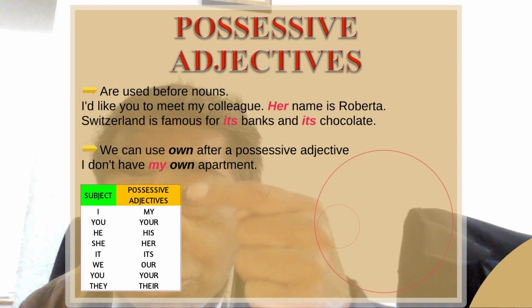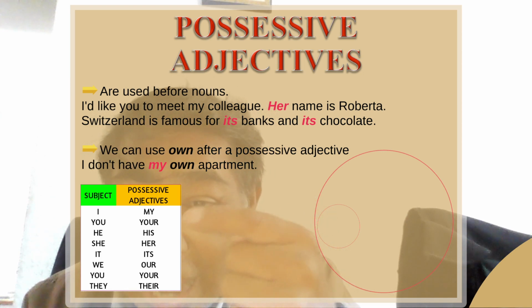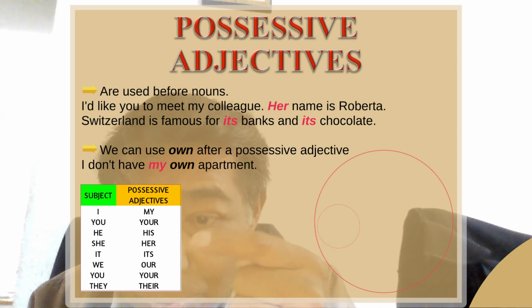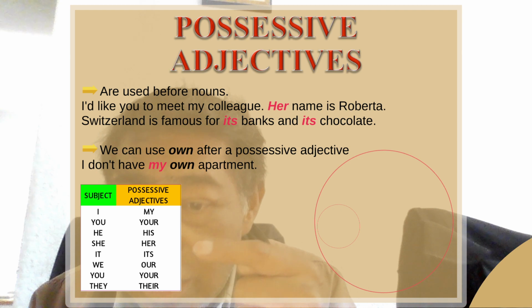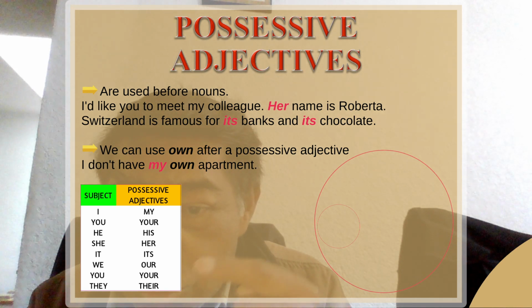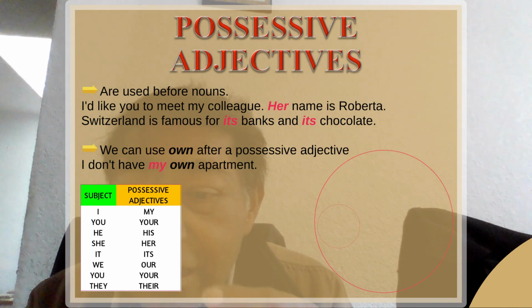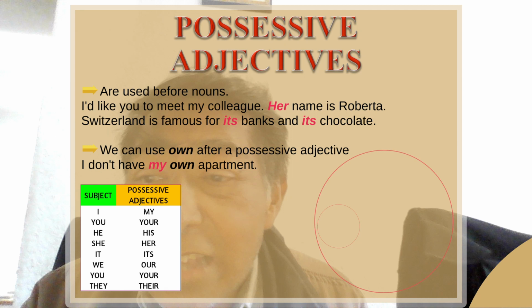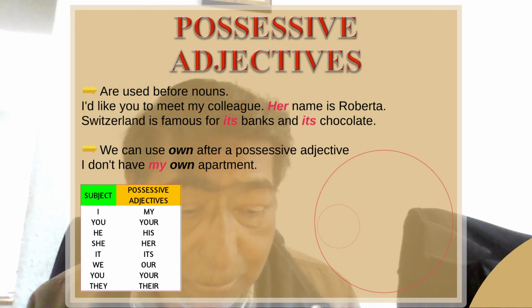And then we have the correct possessive adjectives: I, my; you, your; he, his; she, her; it, its; we, our; you, your; they, their. These are the possessive adjectives that are associated with the correct subject.